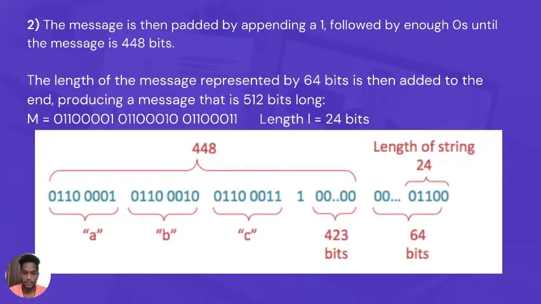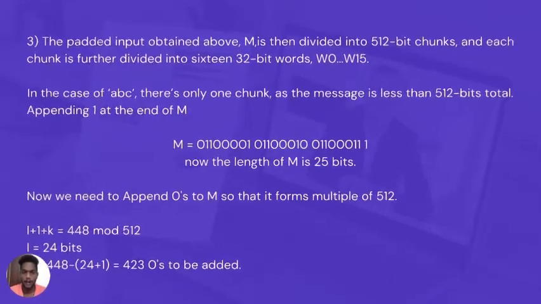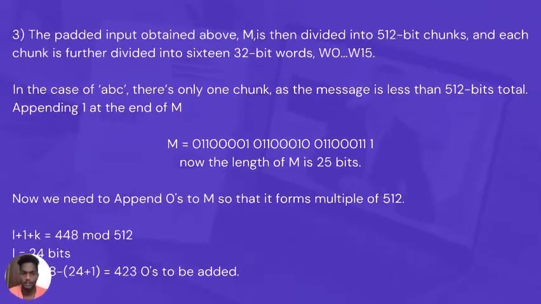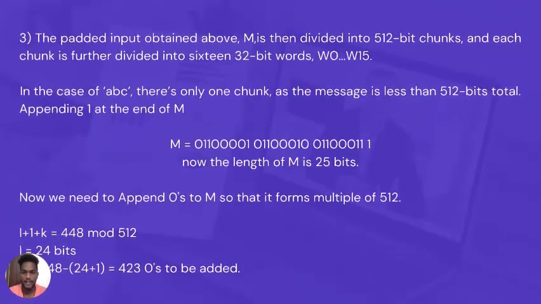So now the length of the message will be 64 bits. So the message should be 512 bits. So we will be appending zeros at the end of the message M. For finding how many zeros we need to add, we'll be using a formula which is predefined for the hash function, that is L plus 1 plus k equals 448 mod 512.